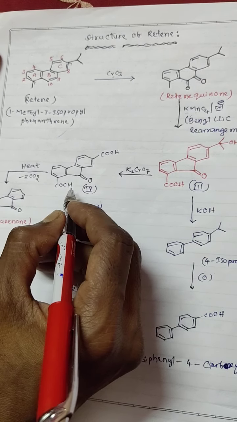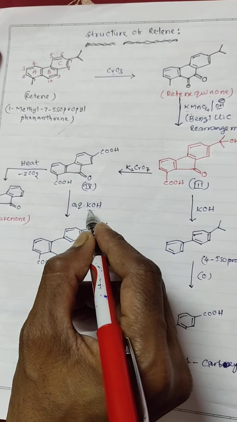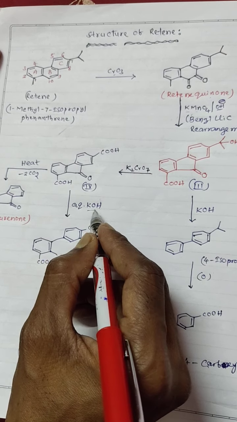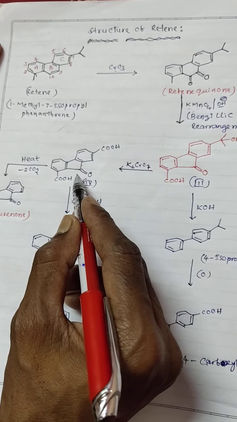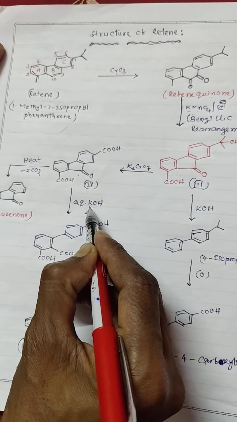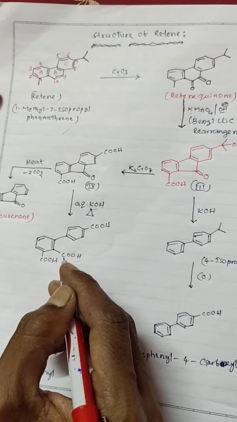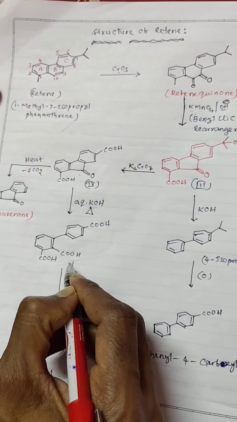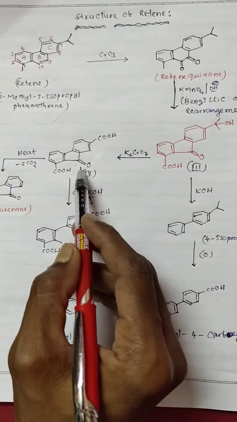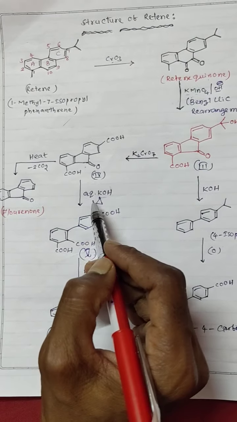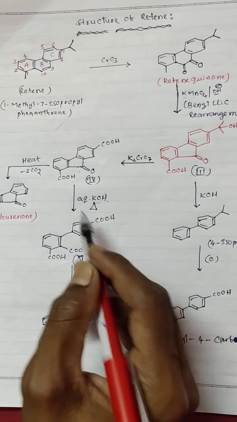When the fourth compound is heated with concentrated aqueous potassium hydroxide, it forms the fifth compound.